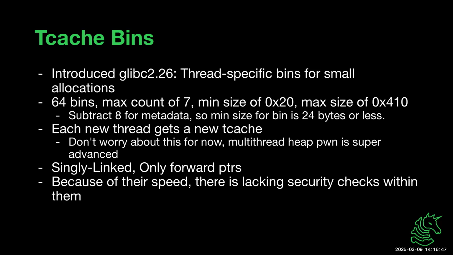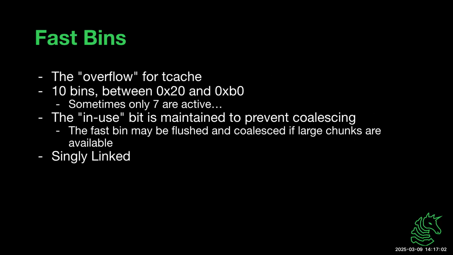Because these are meant to be pretty fast, they lack a lot of security checks, and they're singly linked and have a fixed size. Fast bins are pretty similar. Basically, when the T-caches hit their size limit, the overflow starts going into fast bins.